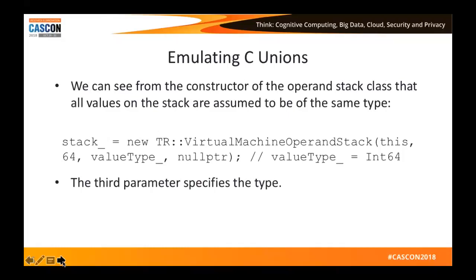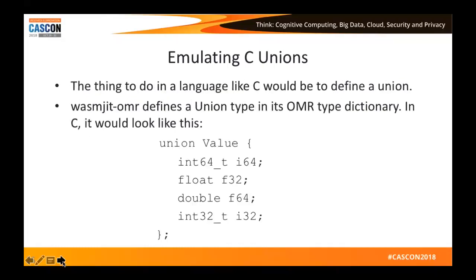If we look at the virtual machine operand stack constructor, most of this is just noise as far as we're concerned. The third parameter is the type of the values that go on the stack. Because this is types, we have to go with some type. So we pick a type that's large enough to accommodate all of them, which is all you're really doing anyway when you compile a union type in C. If you're not familiar with unions and C syntax, it looks like this.